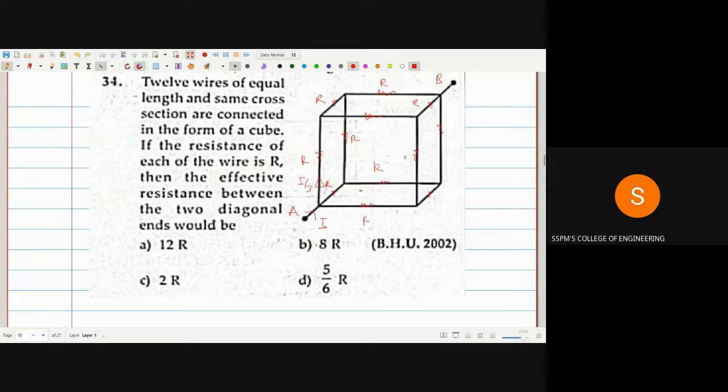I/3 फ्लो होणार. इथे पण I/3 आणि इथे I/3 होणार. Because this main branch is divided into 3 sub branches. So current I/3 flowing through this branch, I/3 through the second branch and I/3 through the third branch.